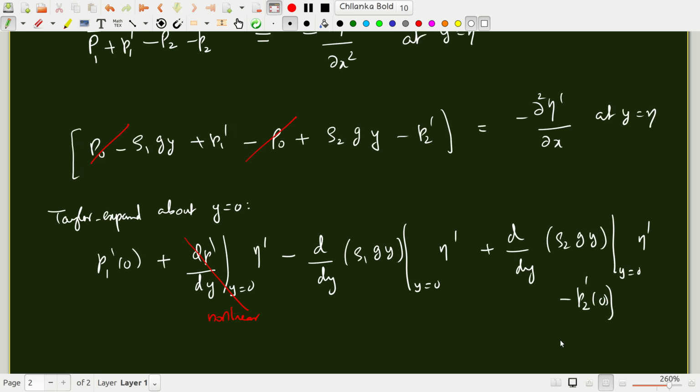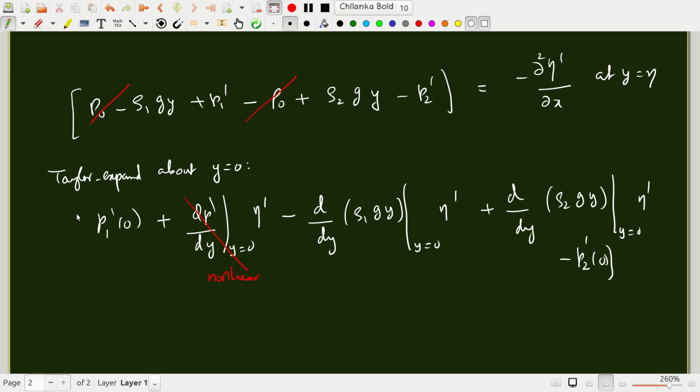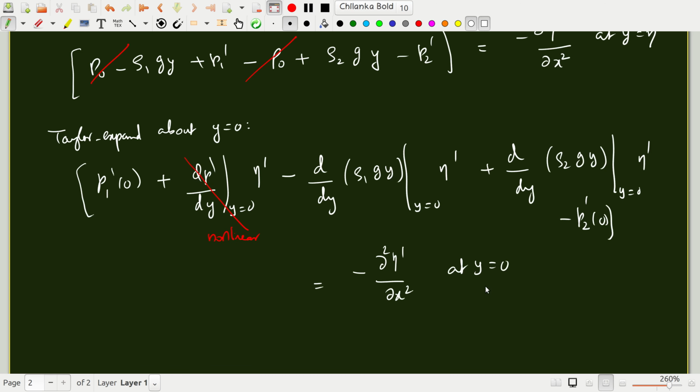All this is equal to the right side, minus partial squared eta prime by partial x squared, and this is evaluated at y equal to 0 because it's already a perturbation quantity. If I Taylor expand it about y equal to 0, you will get higher order terms which are nonlinear.